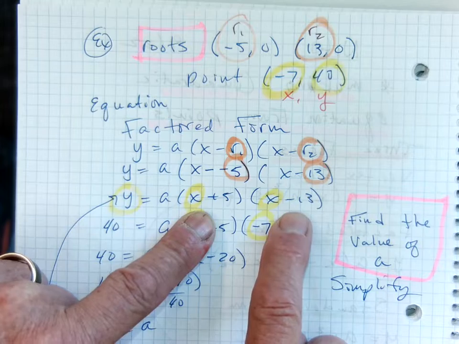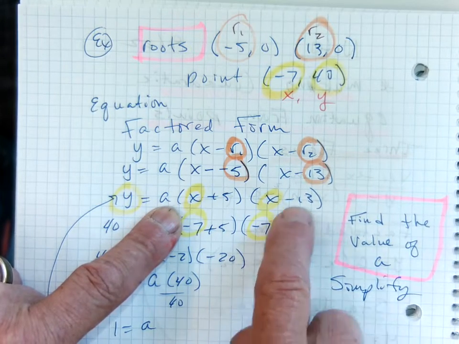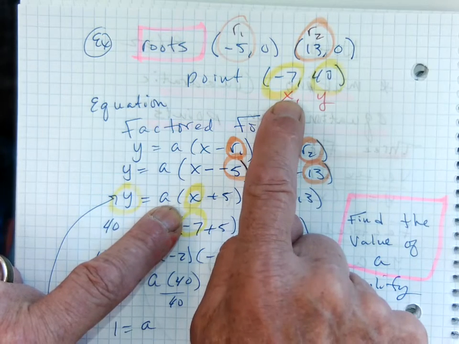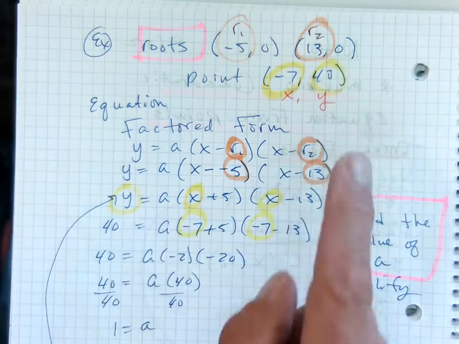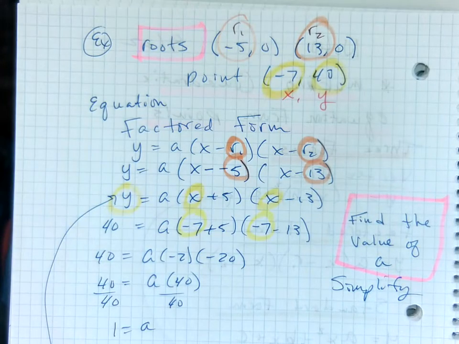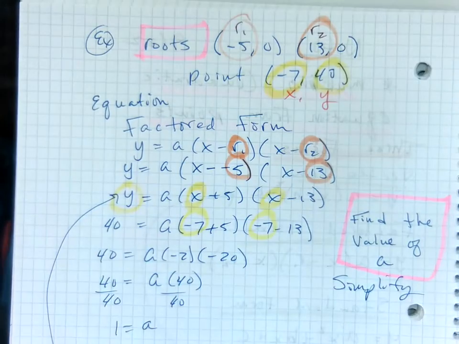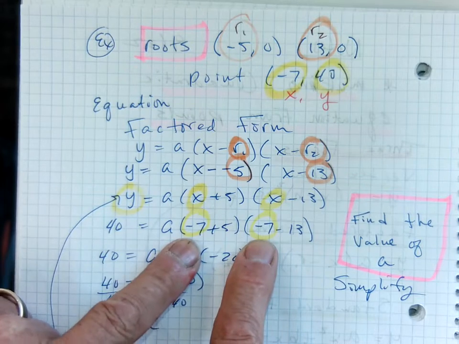Then I need more information because I need to find the value of a. So I go to my point. My point has an x value of negative 7 and a y value of 40. So I put my y value of 40 here and my x value of negative 7 into both places. Negative 7 goes here and here. Then I simplified.